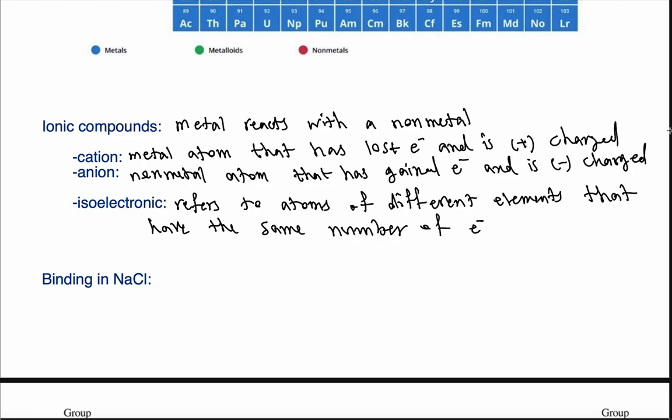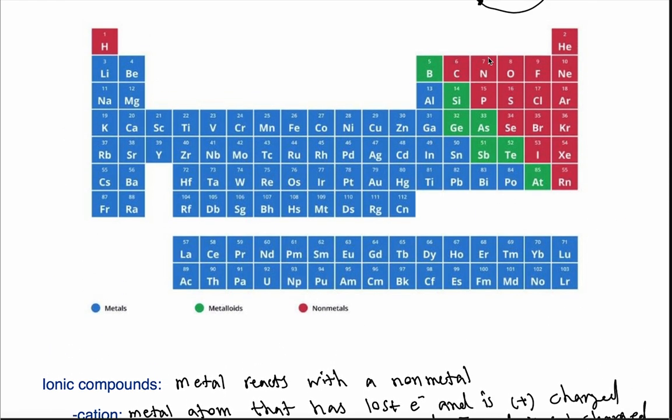For example, nitrogen, so this is the first column, this is second, third, fourth, fifth, sixth, seventh, and eighth. So nitrogen belongs to the fifth column. It has 5 valence electrons. To become full octet, it needs 3 electrons.